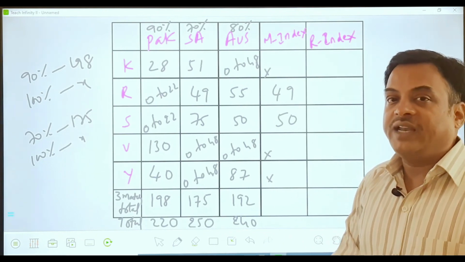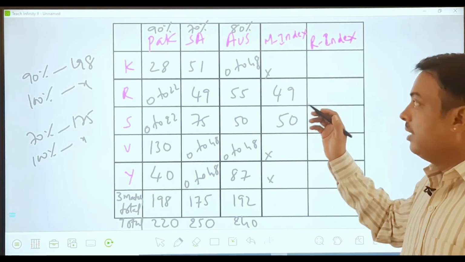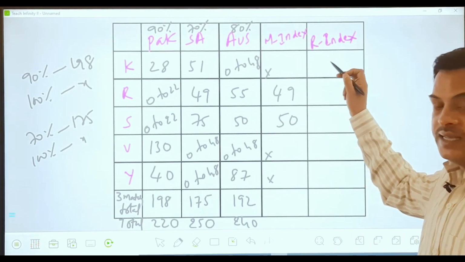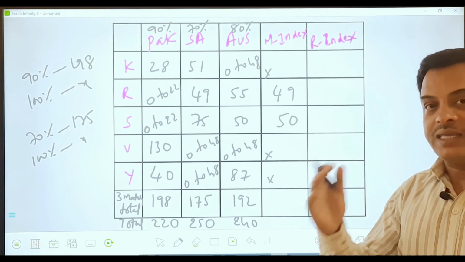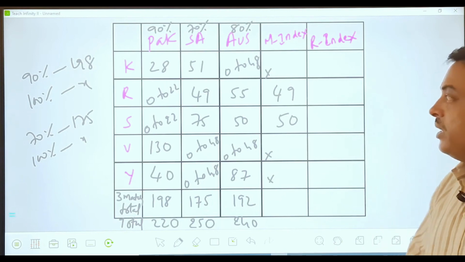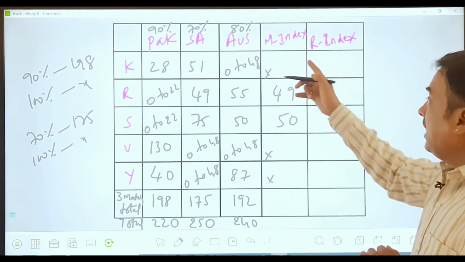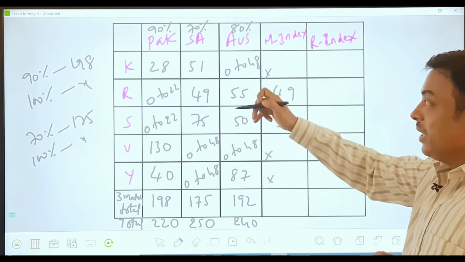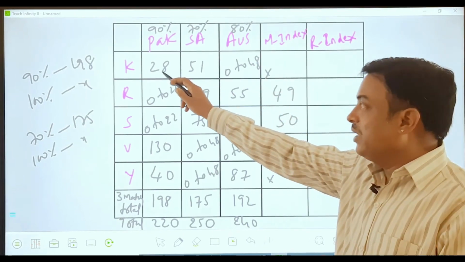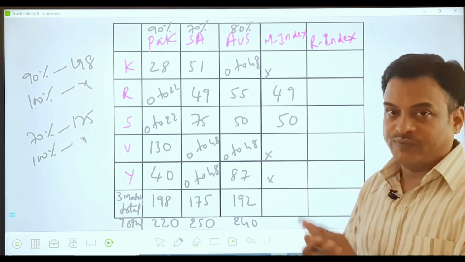Similarly, we can find the R index numbers also. Now, as we discussed, R index is the difference between the highest and the least value of the 5 players we have. Like we are talking about Khaif in that case, first one. I don't know exactly what is the least value from here. The least value may be 28 or maybe even less than that or greater than that for sure.